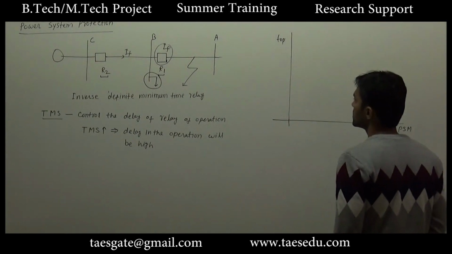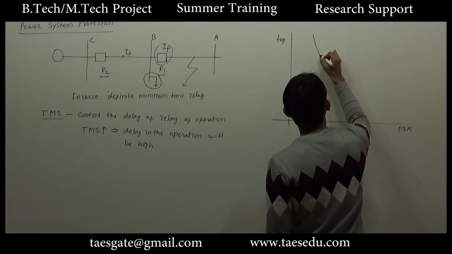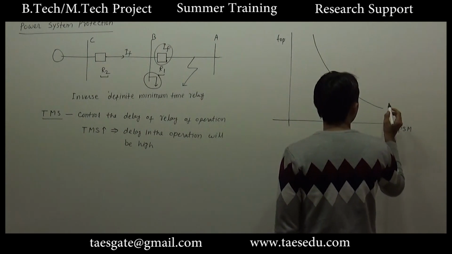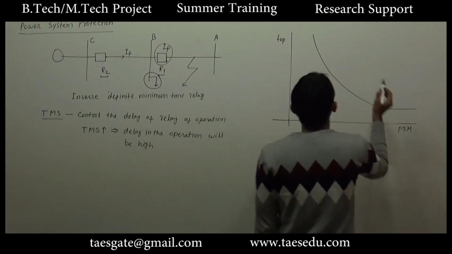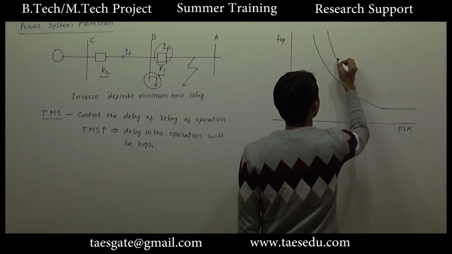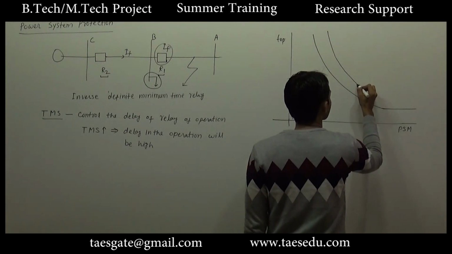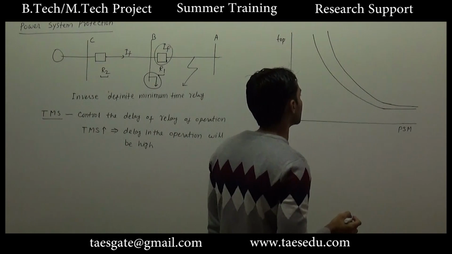So for inverse definite minimum time relay, we know this graph will be like this. It has an inverse relation, and if we will increase the value of time multiplier setting, the time of operation will be increased.